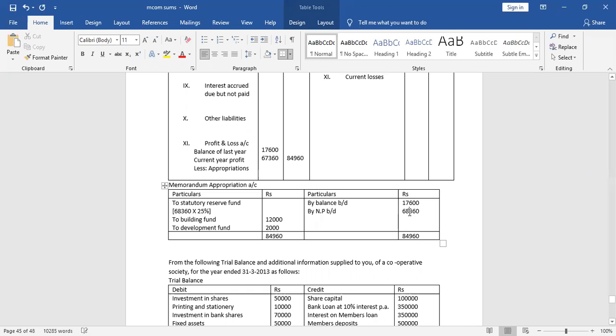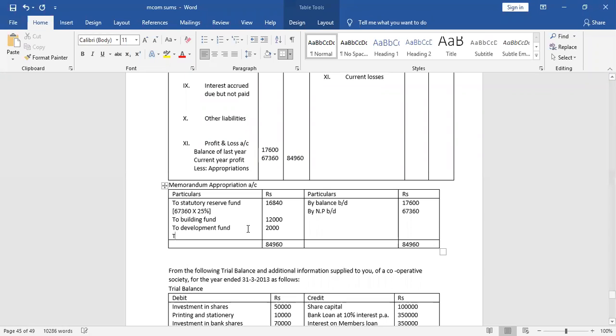But the total will be right. What is 25% of 67,360? It is 16,840. So this appropriation is done.